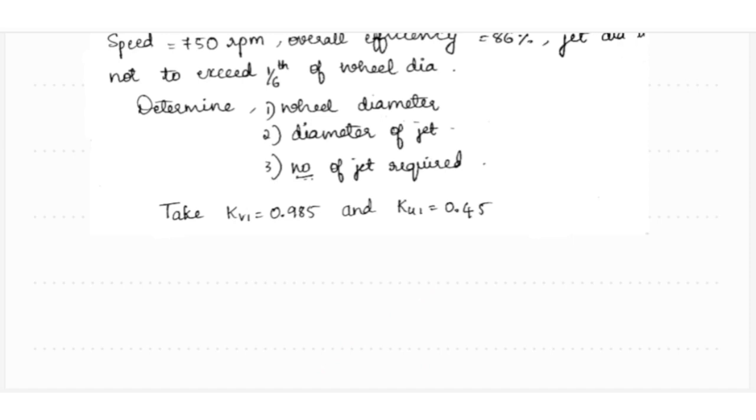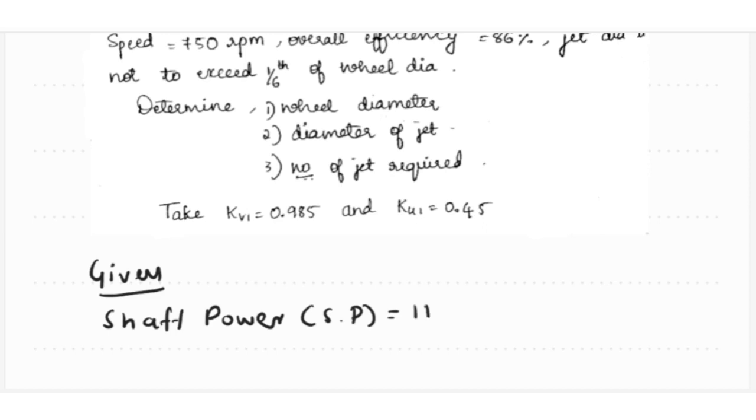Let us write down the given data. Shaft power SP is equal to 11772 kilowatt. Net head H is equal to 380 meter.